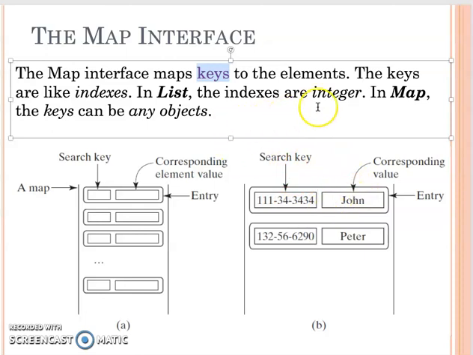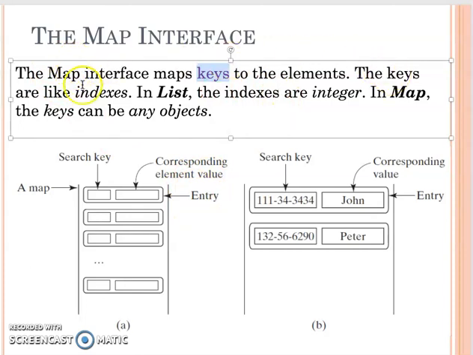So whenever you want to add a new value into the map, you need to give me the corresponding key and its value. Or if you want to retrieve the data, you give me the key and I give you the value. So the key and the value are the entry we store in the map.